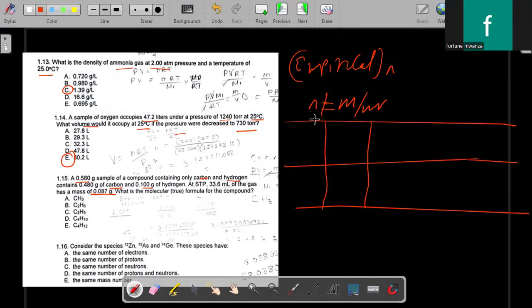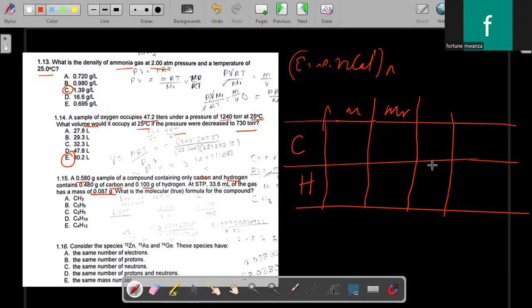For me to get my number of moles, I have my elements, which are carbon and hydrogen. I'll need my mass and I also need my molar mass. Then from here I can calculate my number of moles.